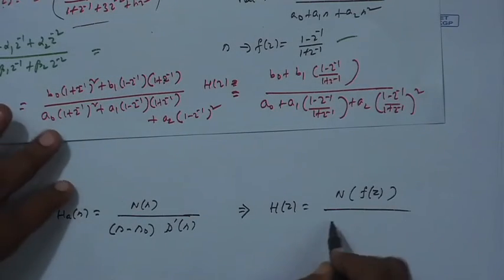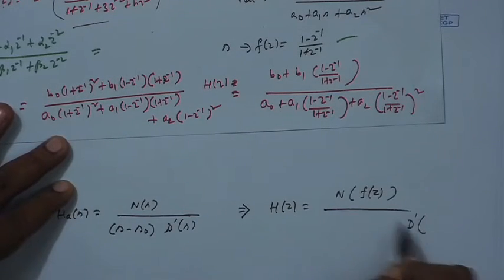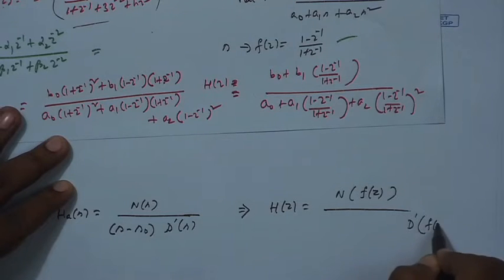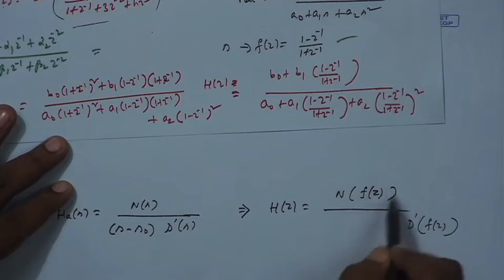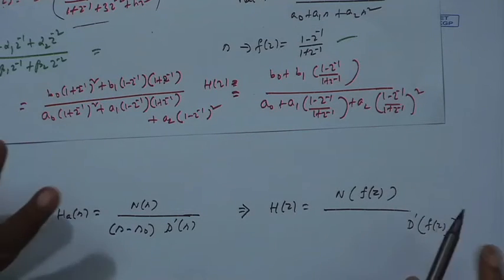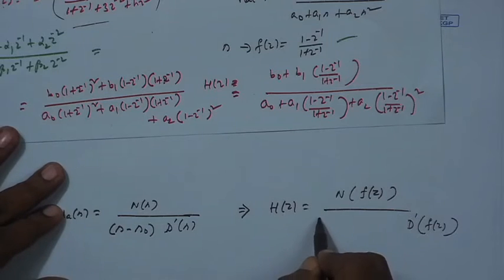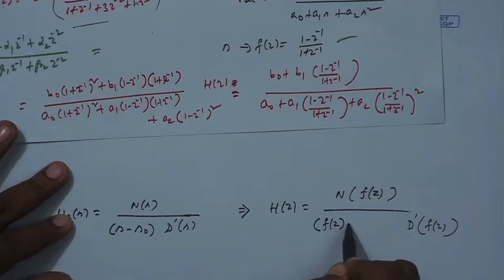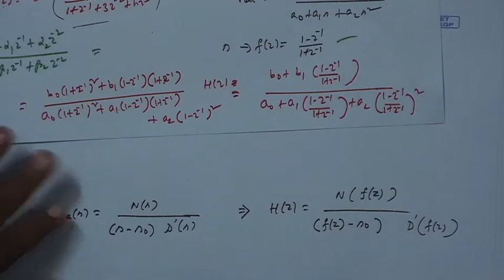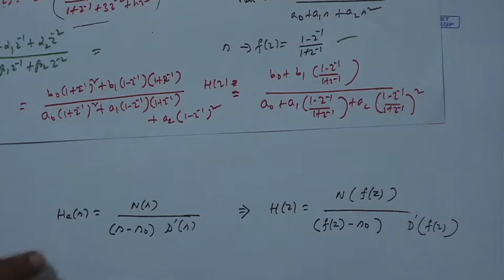In the case of the denominator also, D prime, wherever S you replace by f(Z), which is rational in Z inverse. So this N of f(Z) will be rational, D prime of f(Z) will be rational, and everything will be rational. But here the factor will be f(Z) minus S naught.